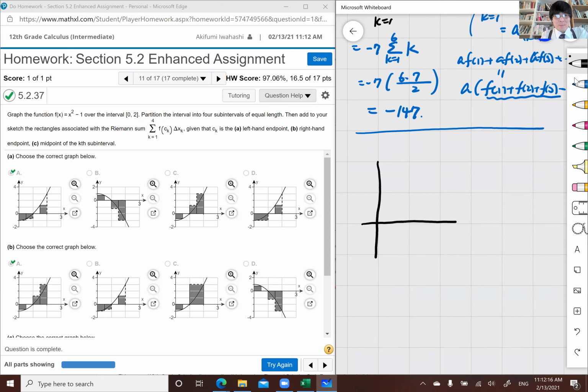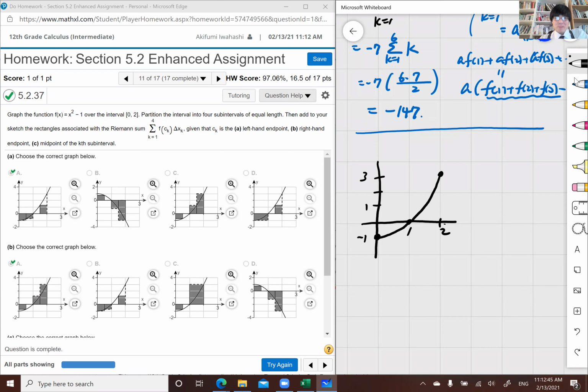So this is a concave upward parabola. It's 1 here, and let's say this is 2. Here's 1, here's -1, 2, 3. So the x-intercept is 1, and here's the vertex. So the parabola looks like this.